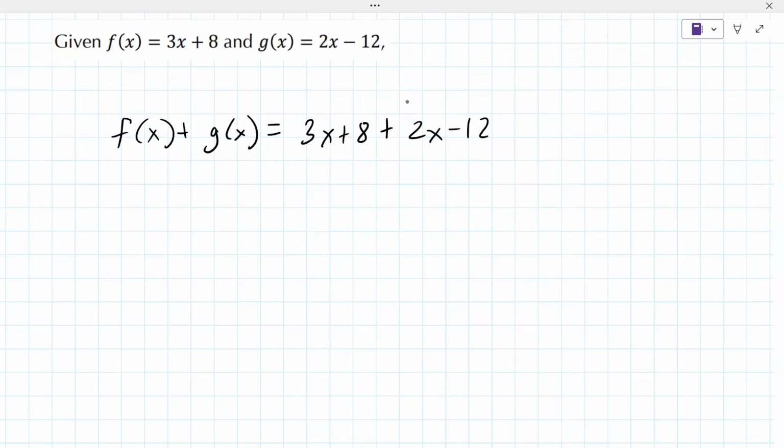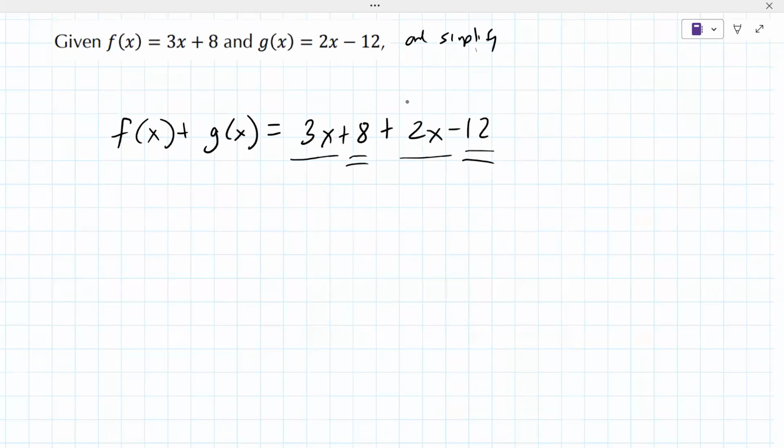But there's usually some work to do here. Usually it's going to say something like, and simplify. In this case, simplify means to combine like terms. Do you see any like terms? Yeah, the 8 and the -12 and the 3x and the 2x. Okay, so what does it combine to?